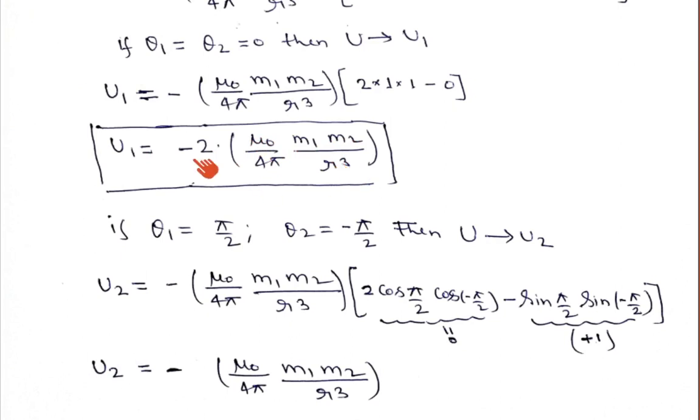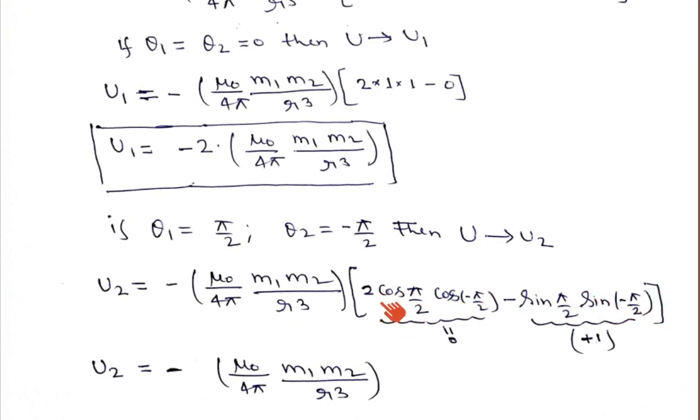Similarly, consider the fourth configuration, where theta 1 is equal to pi by 2 and theta 2 is equal to minus pi by 2, and call this energy U2. U2 is equal to minus mu 0 upon 4 pi m1 m2 upon r cube, with the same formula, substituting theta 1 and theta 2: 2 cos pi by 2 into cos minus pi by 2, minus sin pi by 2 into sin minus pi by 2.